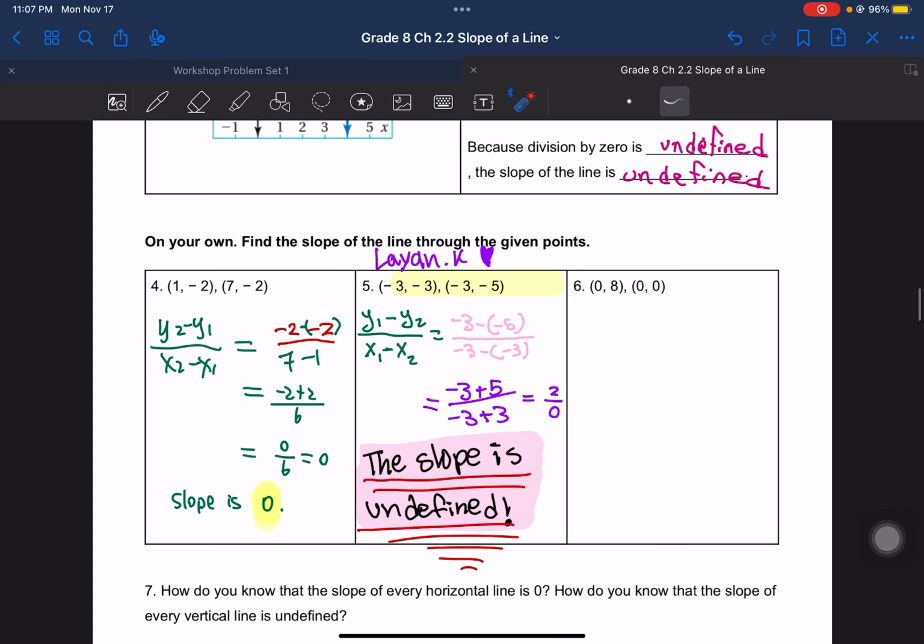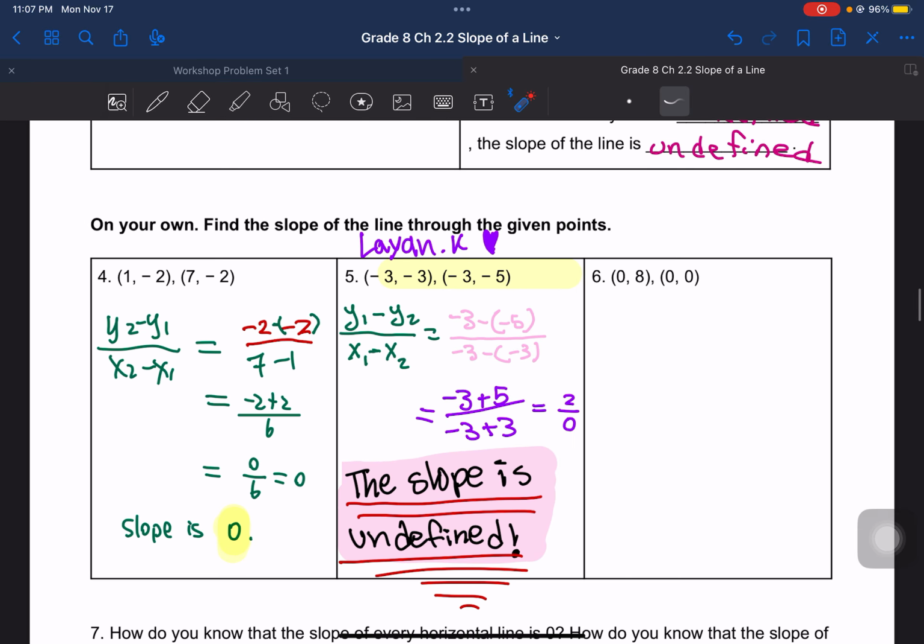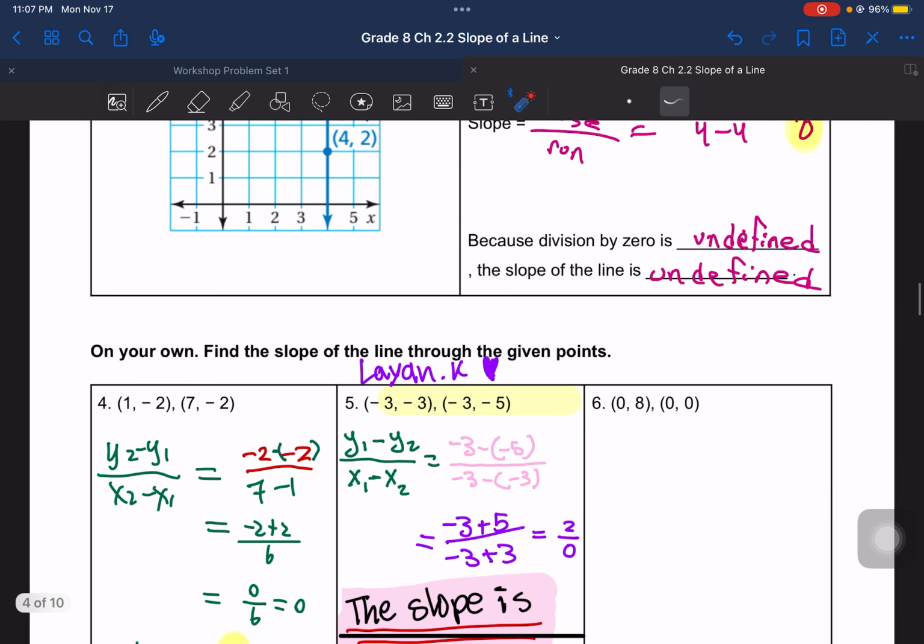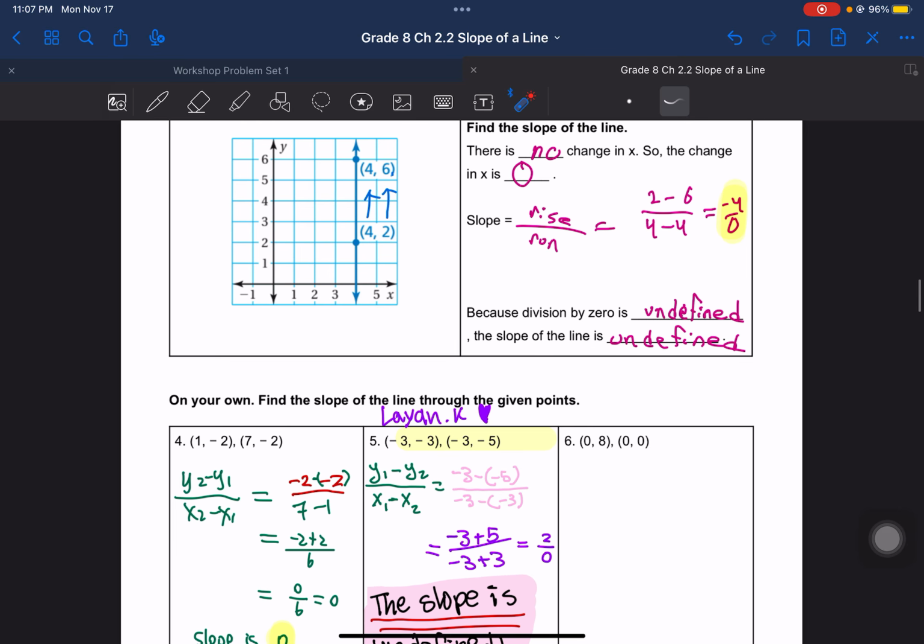So for the next 3 questions, we did the first one and the second one. Basically, we are doing the same thing. When we have the graph, we just use 2 points. And here, we just don't have the graph. We only have the 2 points. But we're doing the same thing.